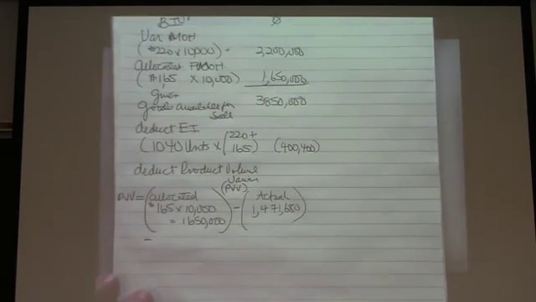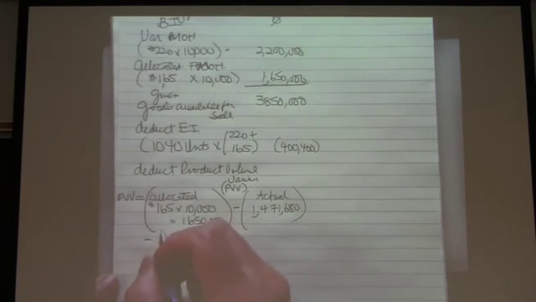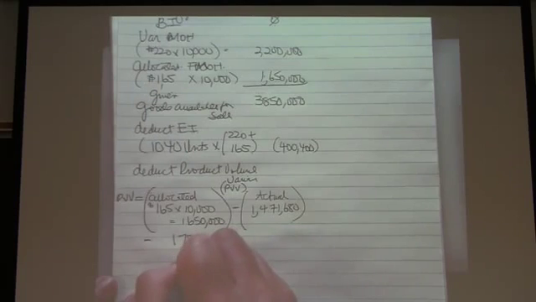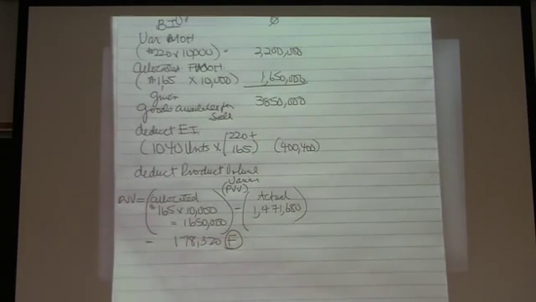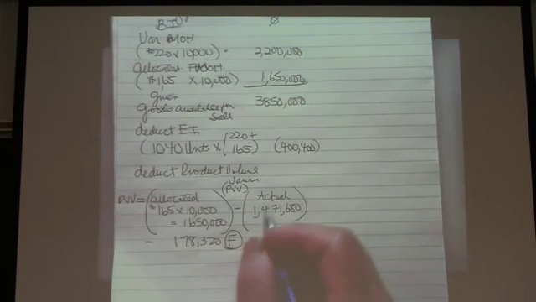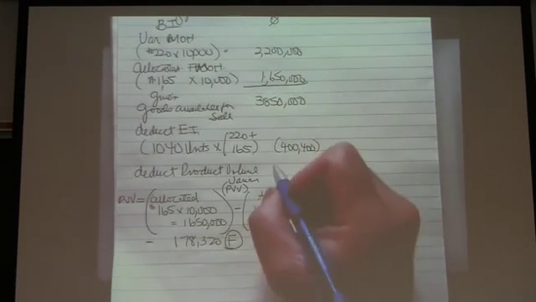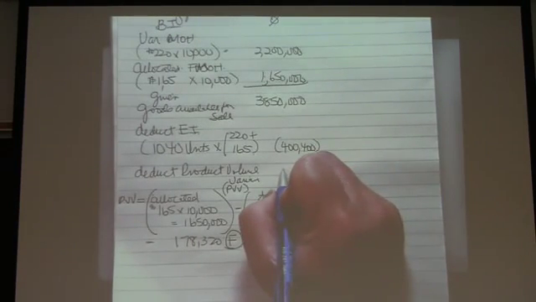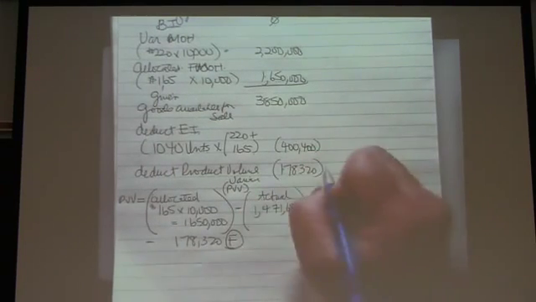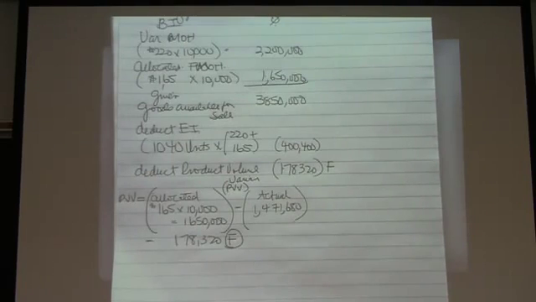The difference is 178,320, and that's a favorable variance because we expensed more than it actually cost us. So in this case, we're going to add 178,320. We're going to deduct a favorable variance.